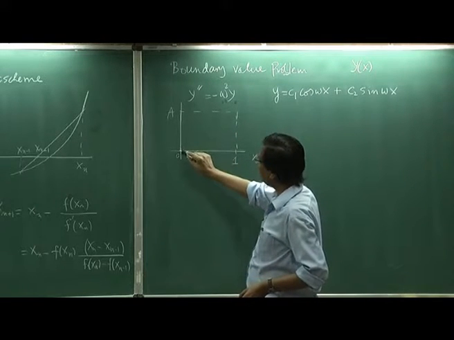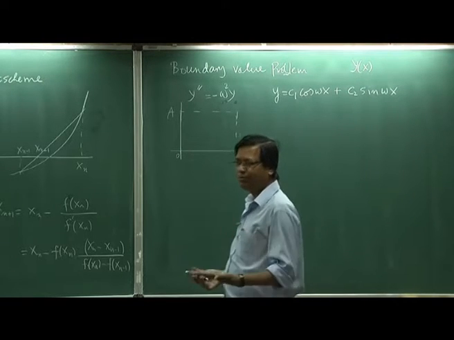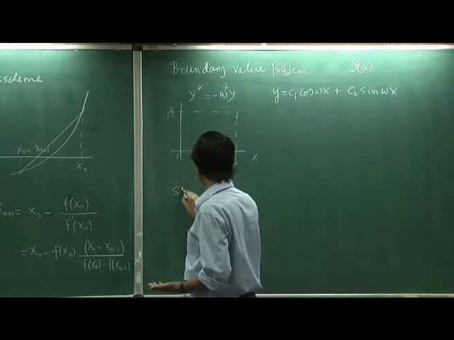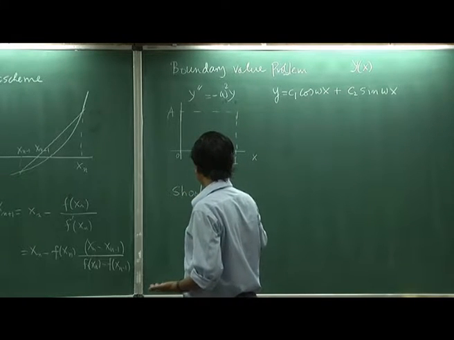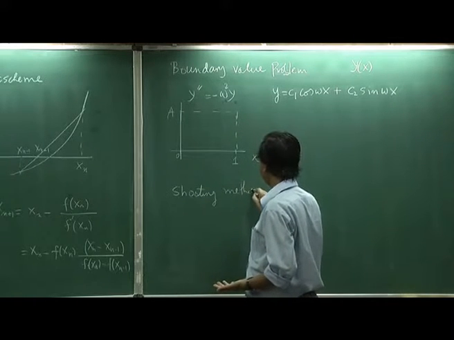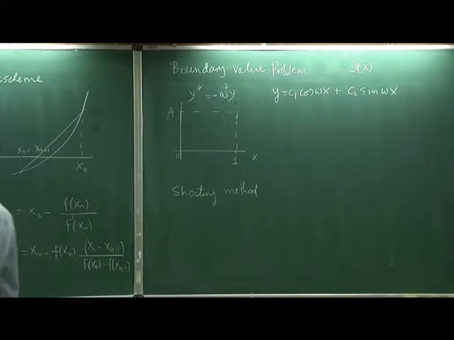The idea is to start from this point and assume some slope. The first method I am going to use is called the shooting method. In olden times the artillery would shoot shells.